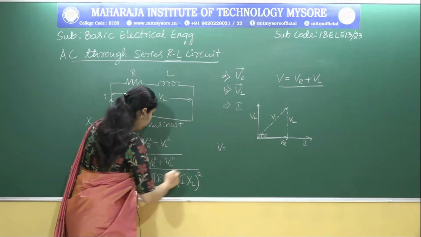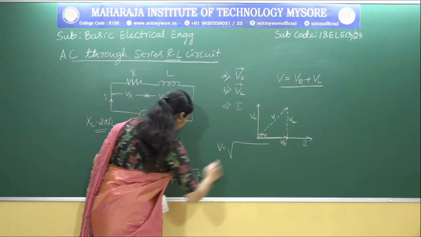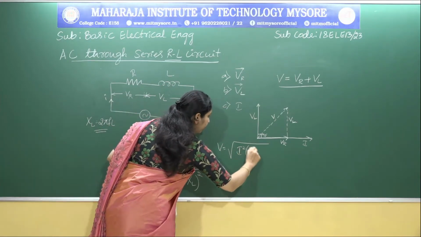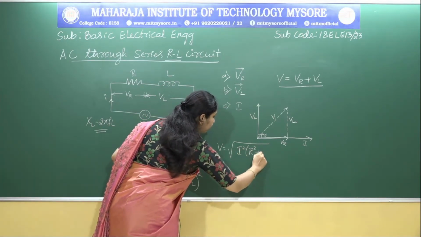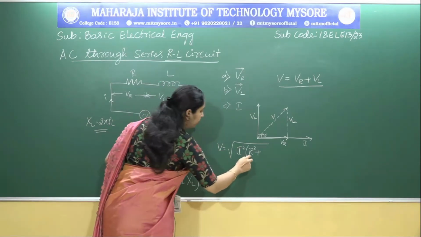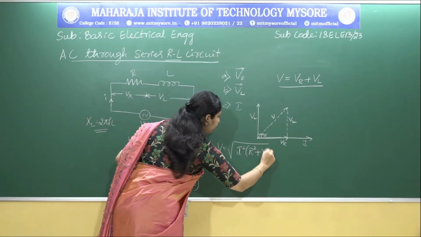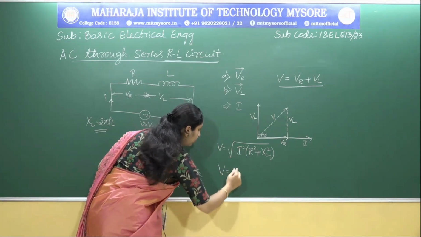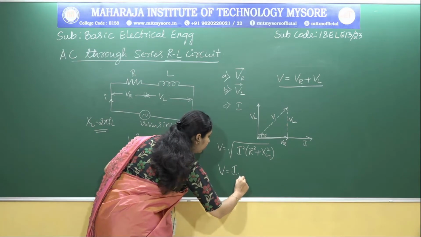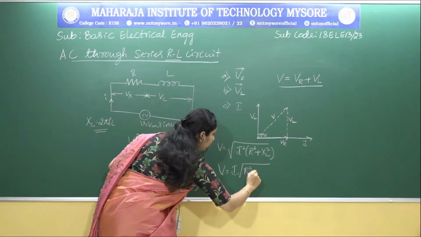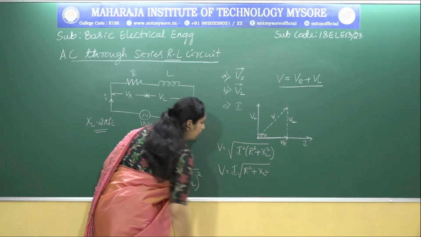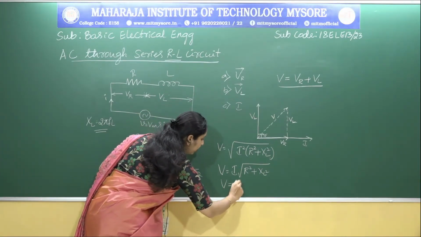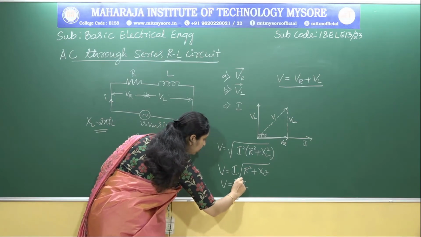Now we can simplify this expression. Take I square common, and we have R square plus XL square. The square and square root get cancelled, so V is equal to I into the square root of R square plus XL square.